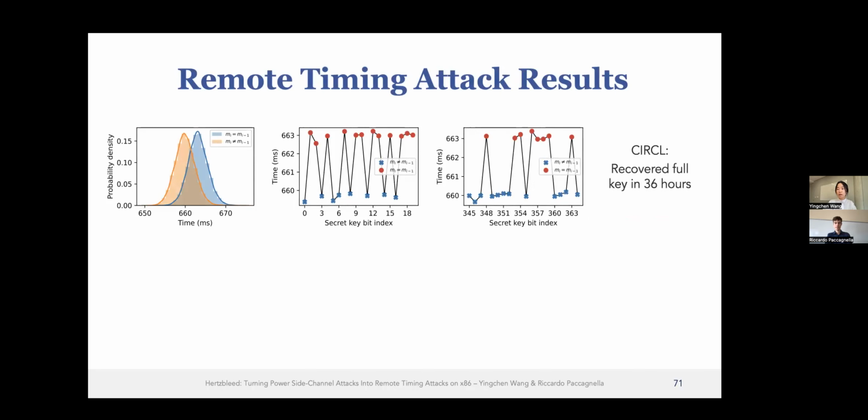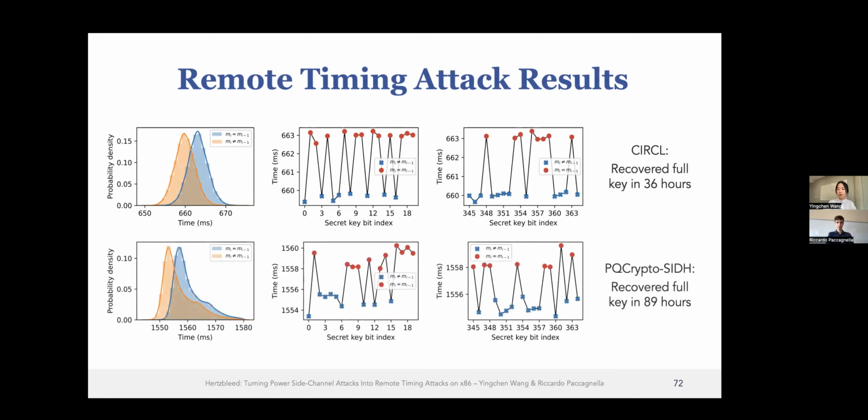We're able to recover CIRCL's full secret key bit by bit in 36 hours. We're also able to recover PQCrypto's secret key bit by bit in 89 hours. One thing to note here is that the timing signal is strong for top secret key bits as well as last secret key bits.